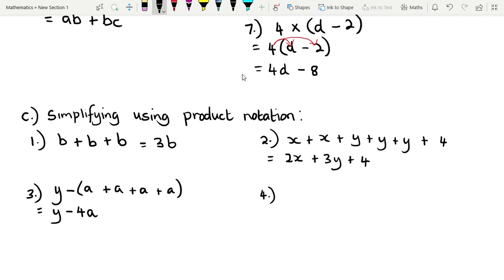Number 4, 2 plus a plus b plus b plus a. So here we're going to add our like terms together. So we've got 2 plus, how many a's do we have? We have 2 a's, so it's 2 plus 2a, plus how many b's do we have? We have 2 b's, so plus 2b. And we do not add these together because they're unlike terms.